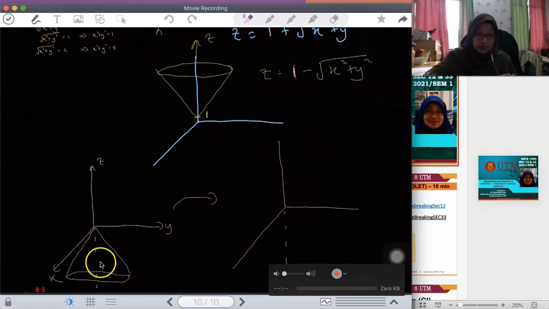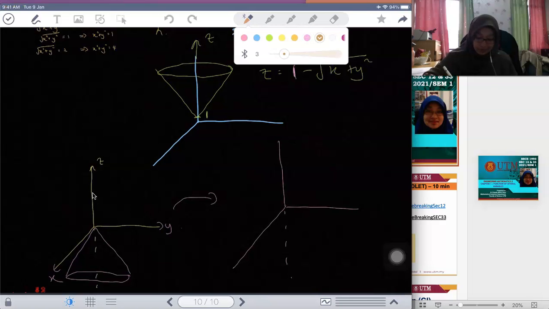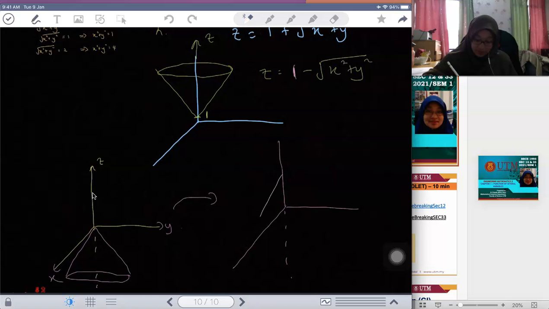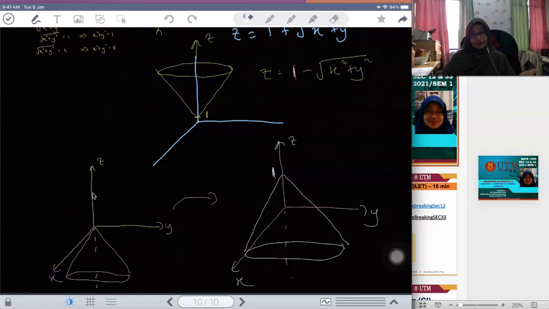So this cone moves upward 1 unit along z. We have something like that shape, where this is x, this is y, and this is z, where z is equal to 1.